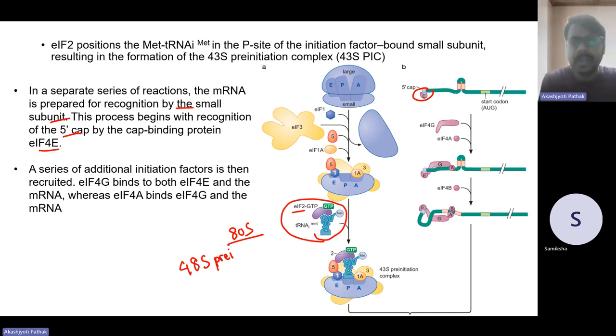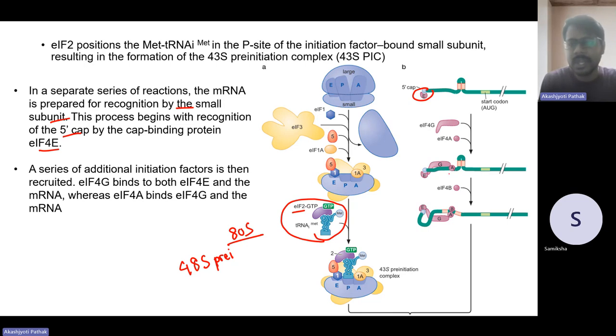You can see in this figure also that the 5' cap of the mRNA is recognized by this initiation factor EIF4E. Then there is a series of additional initiation factors: EIF4G and EIF4A. EIF4G binds to both EIF4E and the mRNA, whereas EIF4A binds EIF4G.